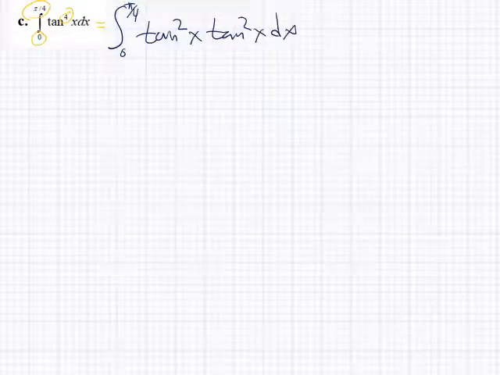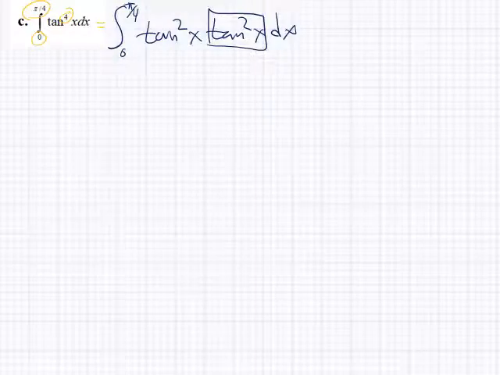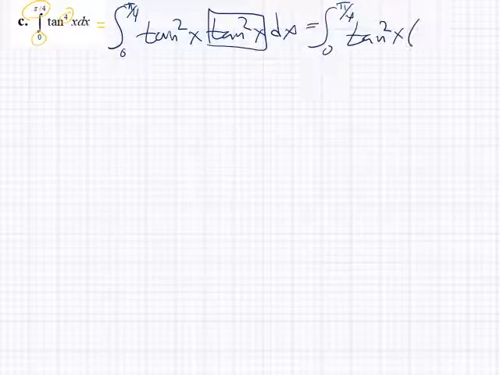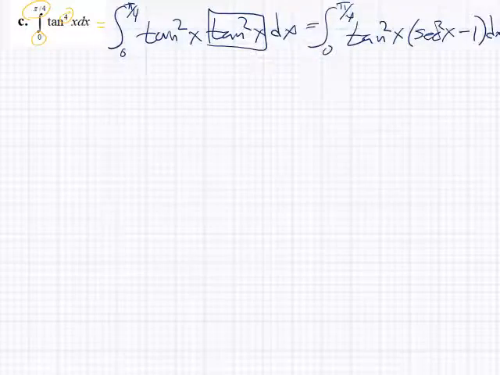Now, one of these tan squares I'm going to write as a secant squared, so I'll do that there. So I'm going to write this as the integral from 0 to pi fourths of tan squared x times secant squared x minus 1 dx, and distribute this in here and here.